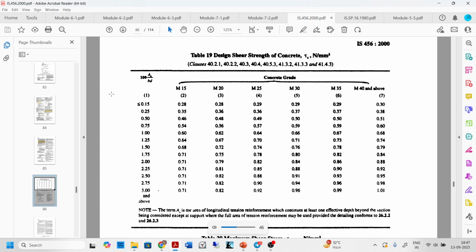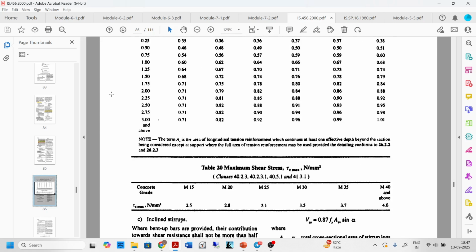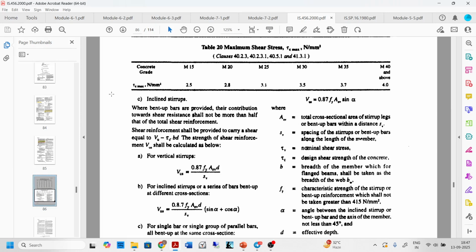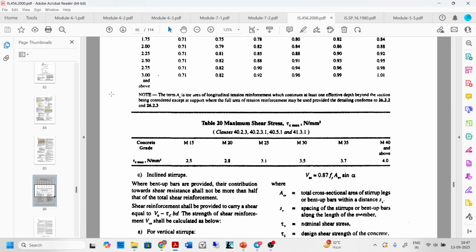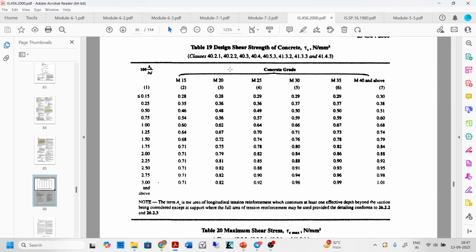Thank you. So we are looking at IS 456 Table 19, which is on page number 73 of IS 456, and we are going to determine the design shear strength of concrete, that is tau c, using this table. There are two factors which are considered in order to determine the value of tau c.